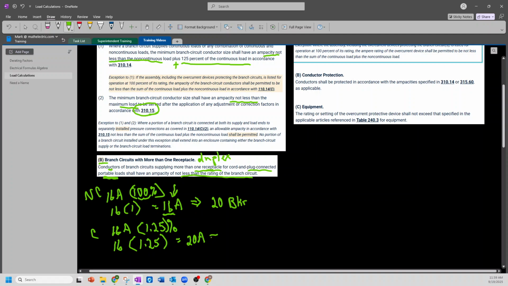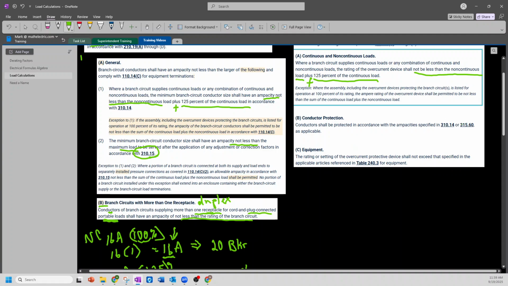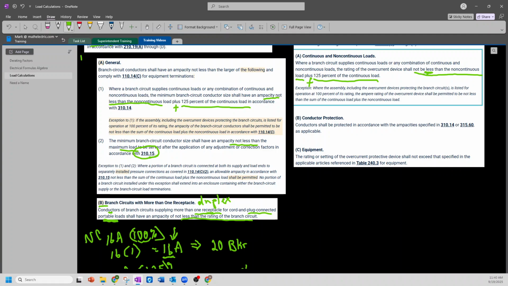We're not paying attention to our 110.14 because at this time we're just trying to get this process down. Now, there is a standard 20 amp breaker, so we can put that on a 20 amp breaker. We can't put it on a 15. The code up here says not less than.